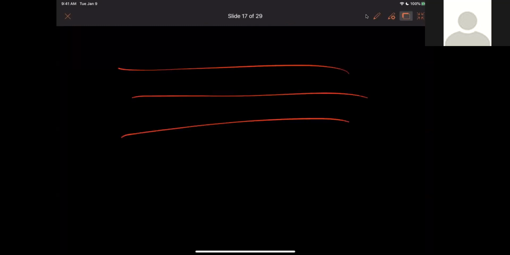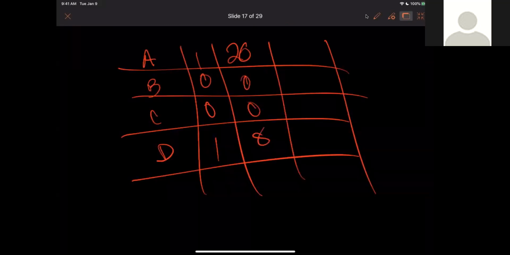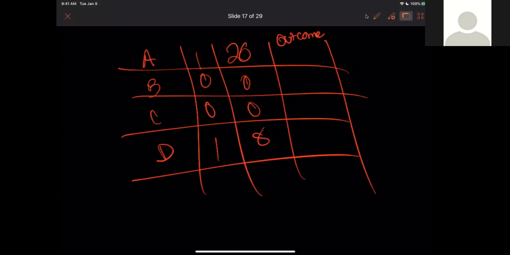If we go back to this idea, we may have a number of things. We have your A, B, C, D, the yes, no, no, yes, and we might have our 20, no, no, 8. But we still have our outcome of interest, where we may measure, let's say, post-traumatic stress, and we have a measurement scale that runs from 0 to 25, with 25 being very bad and 0 being very good.